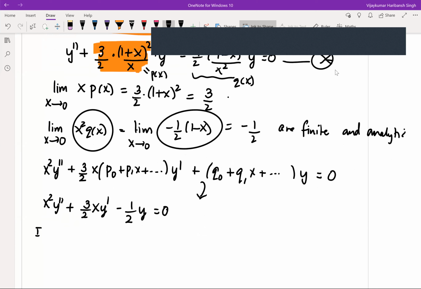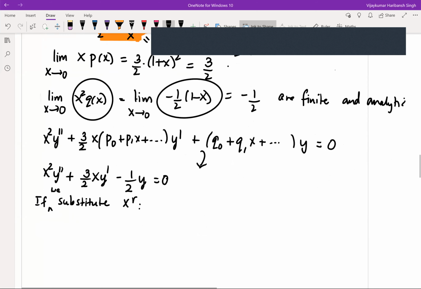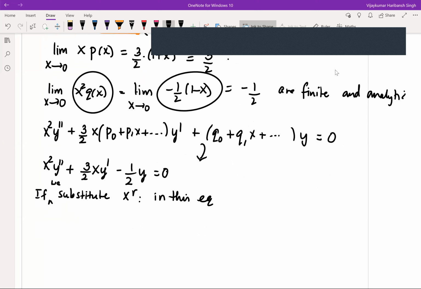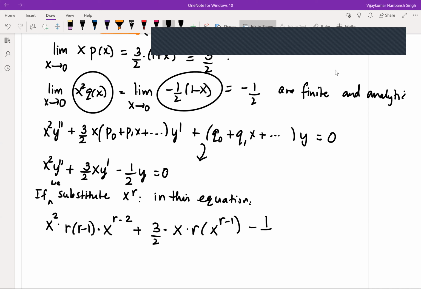So now if we substitute x to the r in this equation, we get x times x to the r would give me r into r minus 1 x to the power r minus 2, plus 3 by 2 times x into r into x to the r minus 1, minus half x to the r equals to 0.